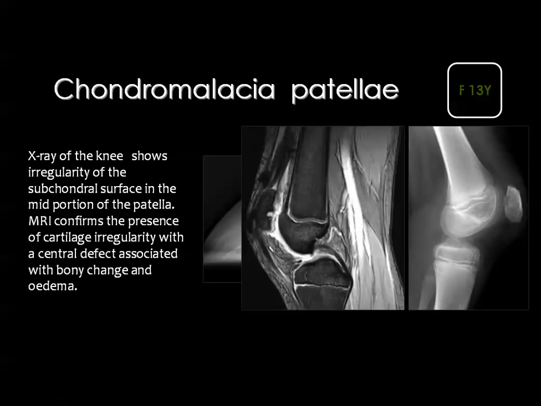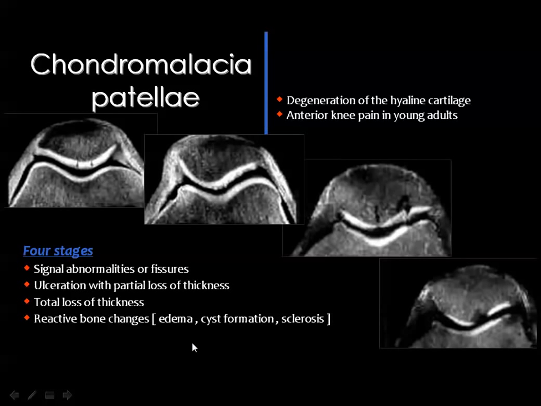And I advise you, don't evaluate the chondromalacia patella in the sagittal images of MRI. The axial images are very good and essential for evaluation of the patellar articular cartilage.